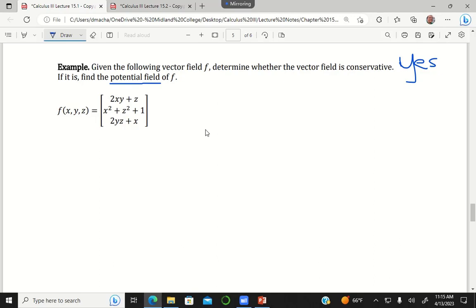So I'm going to just go ahead and, well, I'm going to call the potential field capital F. I think your book actually uses the reverse notation. I'll maybe talk about that in a minute, but we're going to name it capital F for the potential field.